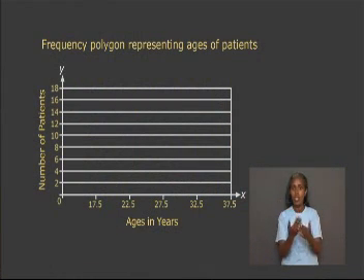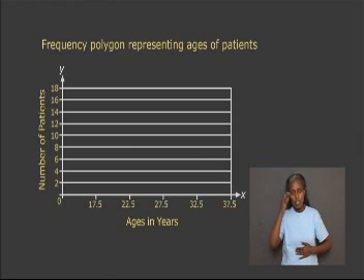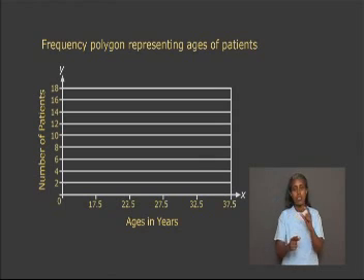Well done. As you can see, the midpoints are noted along the x-axis. The number of patients, the frequencies, are noted along the y-axis. Since there were 3 patients with ages in the 17.5 class, a dot is placed at this point.